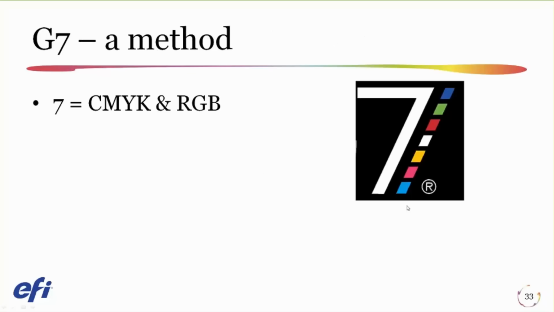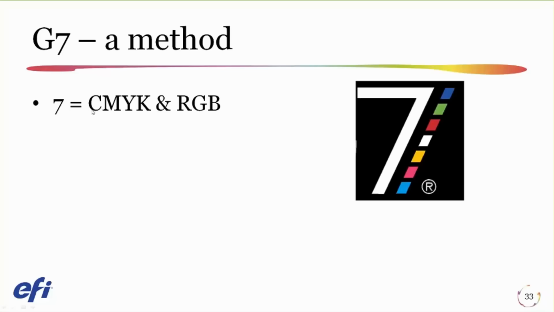A lot of talk throughout the world right now, really, in G7. And G7 is a method. All too often people say G7 and they don't use the term correctly, just like they say, I want you to print to the SWOP standard. No, that would be the SWOP specification. A lot of people say, I want you to hit G7. Well, G7 is a method.